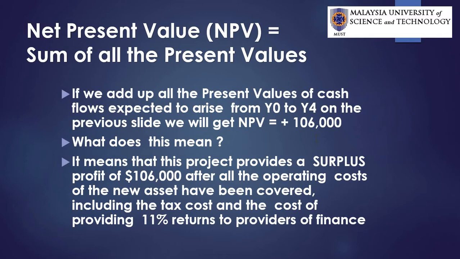What does this all mean? It means that after providing a return of 11%, because we have discounted at 11%, we have already charged the cash flows with a cost of 11%. So after providing a return of 11%, there is still a surplus cash profit of 106,000 from this project.